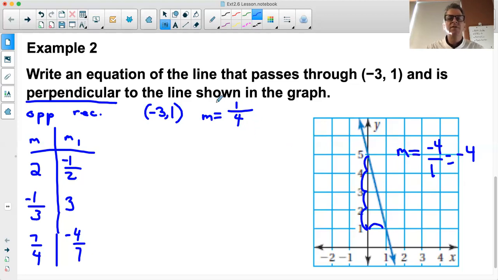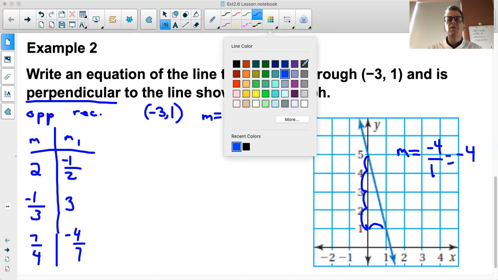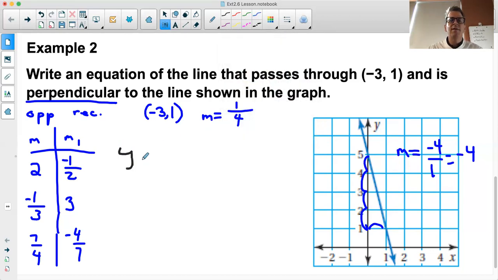Okay, so again, we have the slope, we have a point. Let's use our slope point to find the equation. So again, I'm going to use the equation y minus y1 is equal to the slope m times x minus x1. Okay, so as you're looking at this, your x1 is your -3, your y1 is 1.